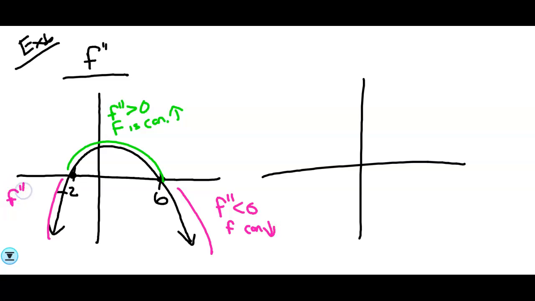All right, see if you guys can sketch it. So here's what's going to happen. My graph is going to be concave down until it gets to -2, and then it's going to start bending up. And then it's going to do that until I get to 6, and then it's going to bend back down. See if you can graph that.